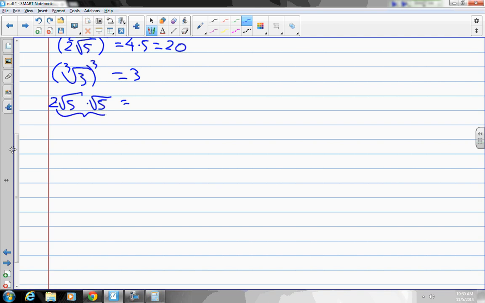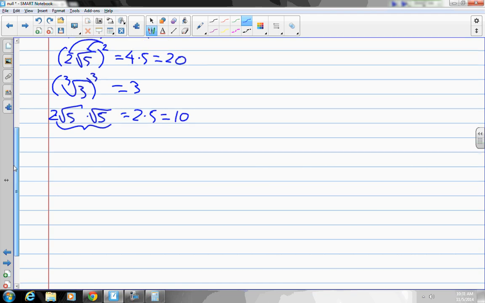What is square root of 5 times square root of 5? Which is 5, right? It's the same as square root of 5 squared, right? Or square root of 25. So this is 2 times 5. That equals 10, right?